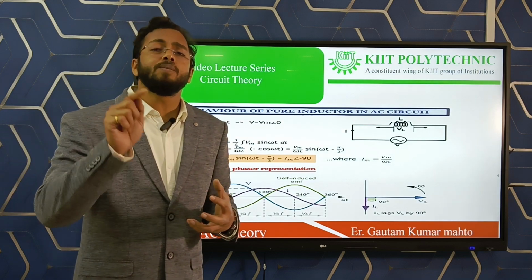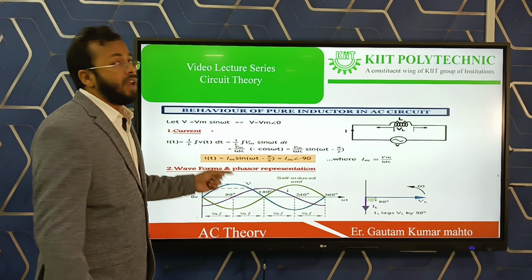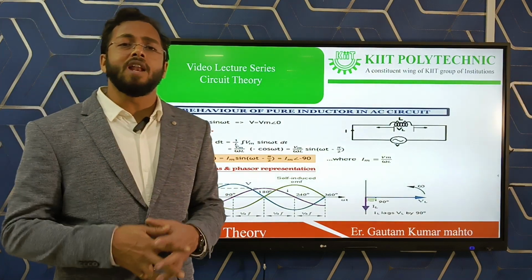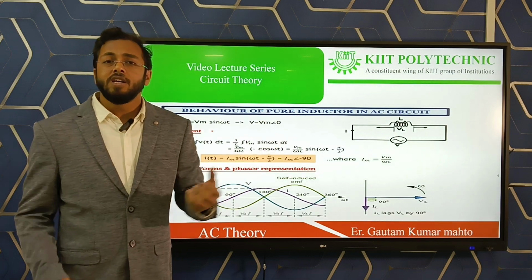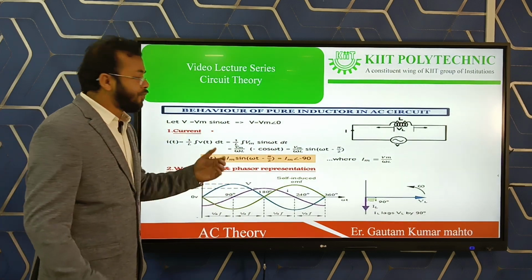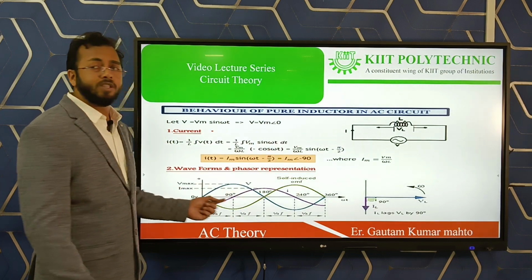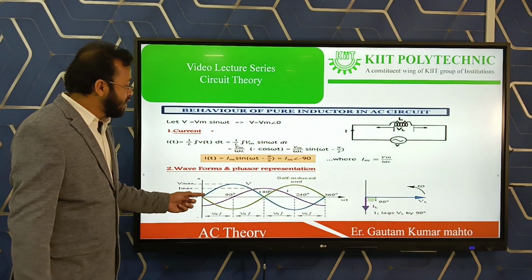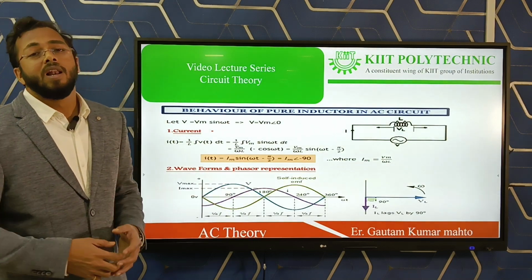The phase difference between the voltage and current is pi by 2, and the current lags the voltage by an angle pi by 2. That lagging effect of the inductor can be seen in the waveform: the voltage starts from 0, but the current starts 90 degrees later.